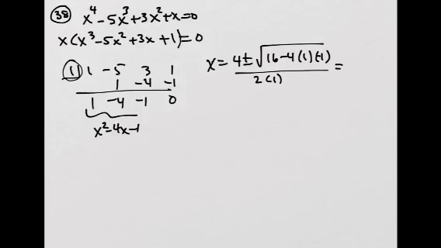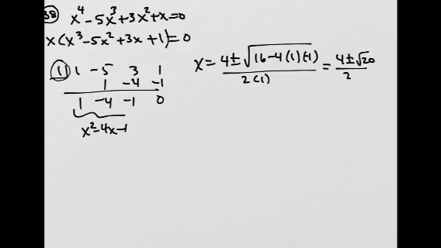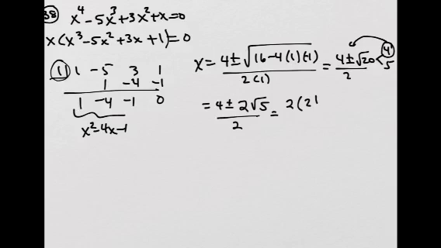So 16 plus 4 inside the radical, so that's 4 plus or minus radical 20 over 2. Now 20 is 4 times 5. So the 4 comes out, so you're left with 4 plus or minus 2 radical 5 all over 2. I'm going to factor out a 2 over 2. That cancels, right? So those are your 2 zeros right there.